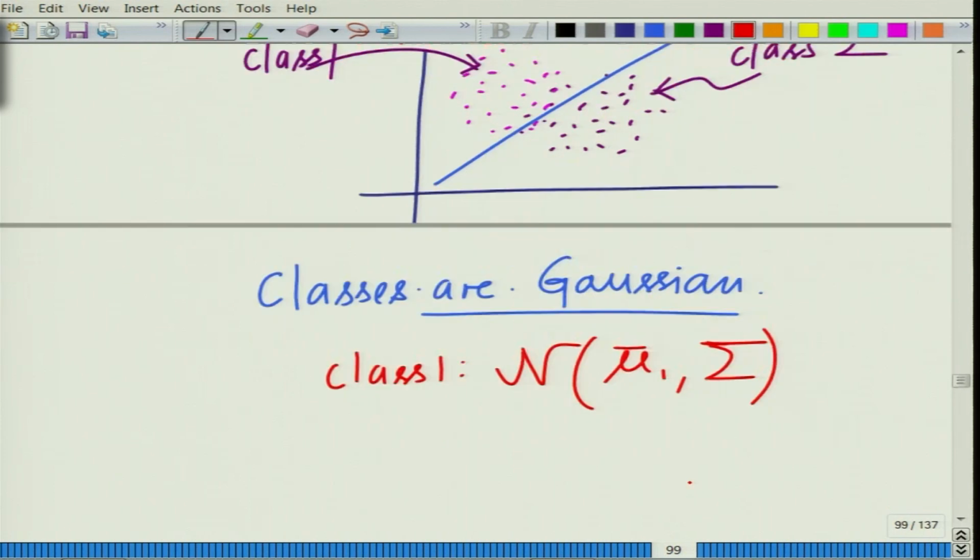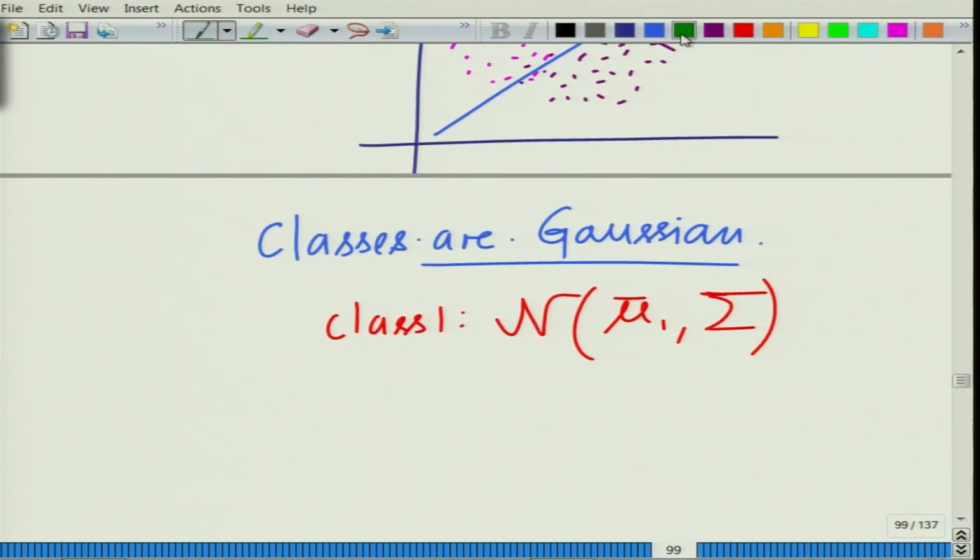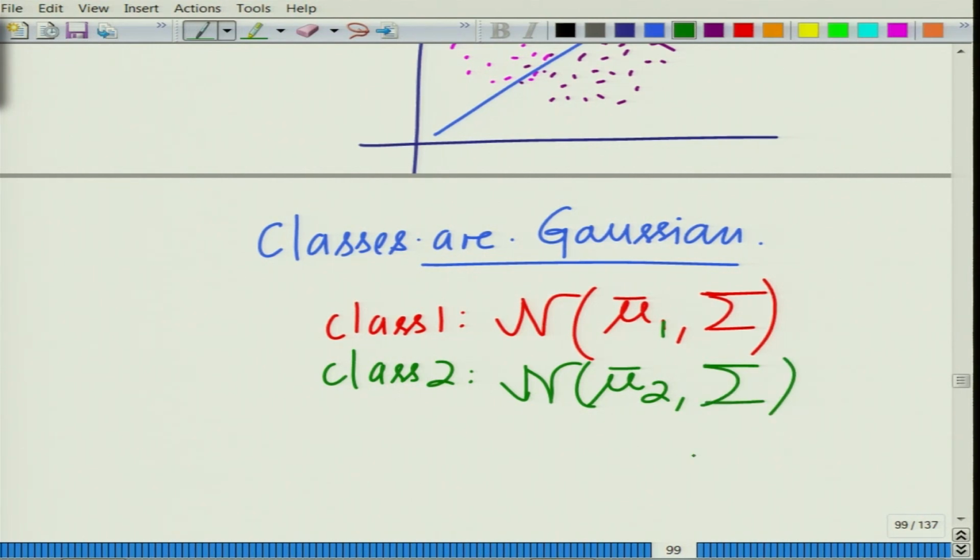We are simplifying this by assuming the same covariance sigma. Class 2 is Gaussian with mean mu2 bar. So, the means are different. The first one has mean mu1 bar, the second one has mean mu2 bar, but the covariance is the same. Both these classes are Gaussian.